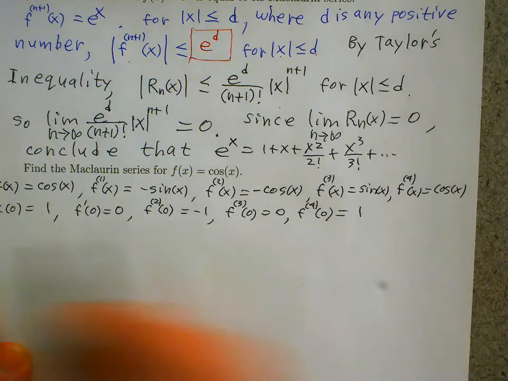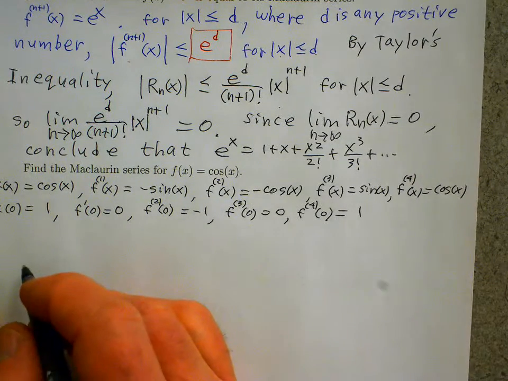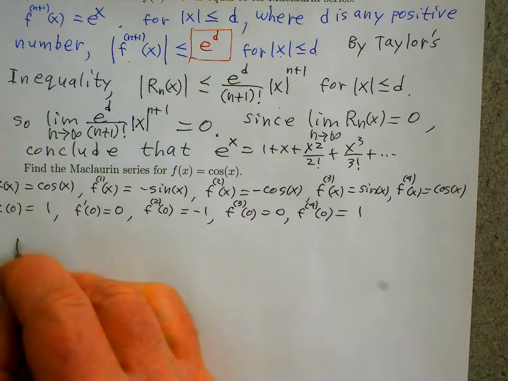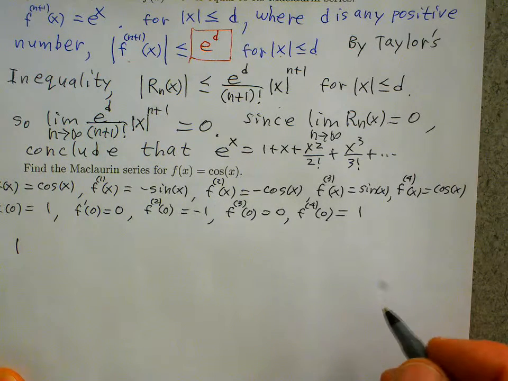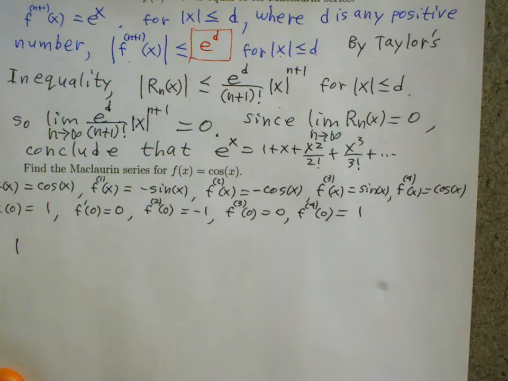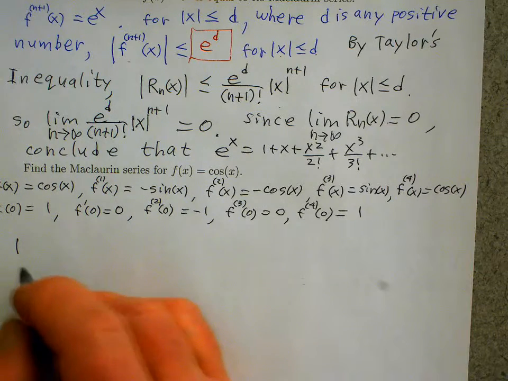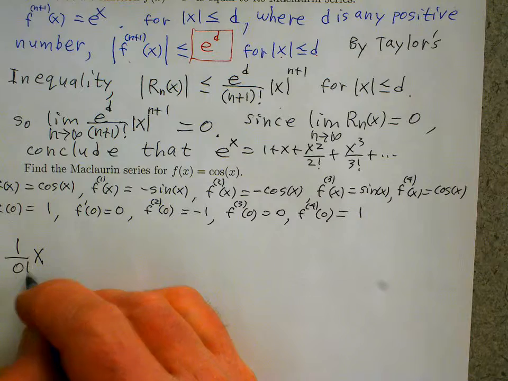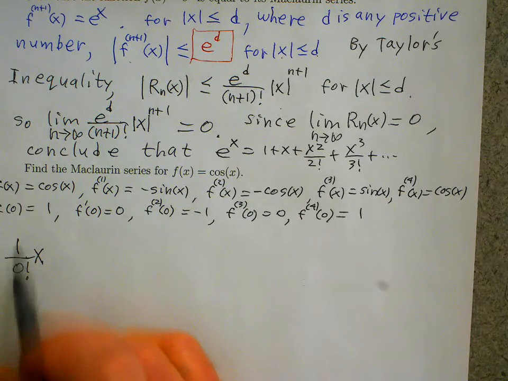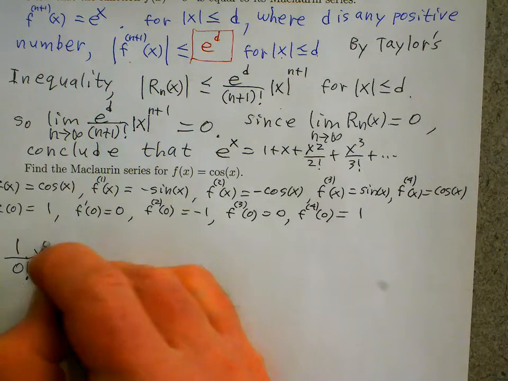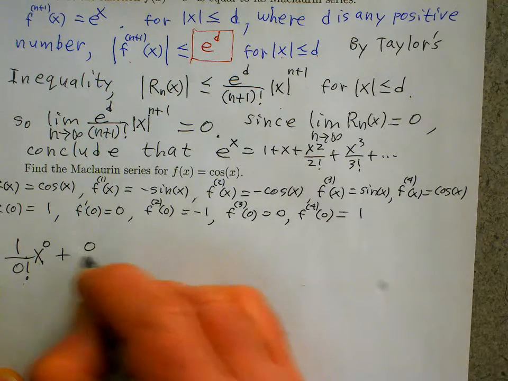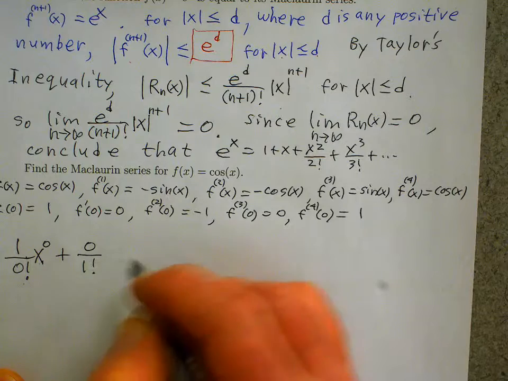Okay, so the Maclaurin series, well, we have f of 0, that's 1. 1 over 0 factorial times x to the 0. I guess I can write that out. 0 factorial is 1. So 1 over 0 factorial times x to the 0. And then plus 0 over 1 factorial times x to the first.